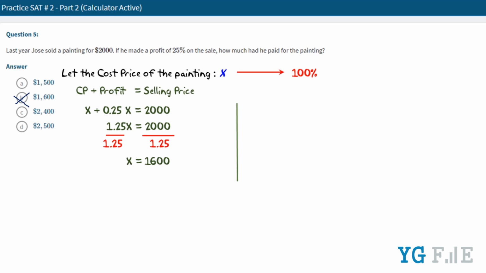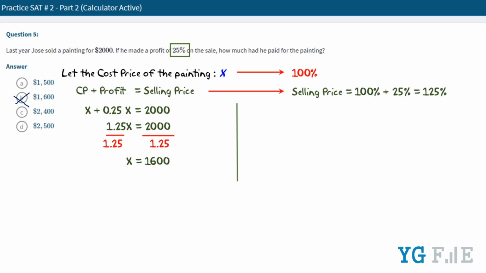And since we know that the profit is 25%, it means that the selling price, which is the sum of the cost price and the profit, will be 100% plus 25%, or equal to 125%.